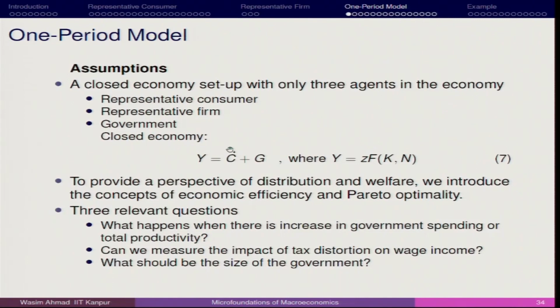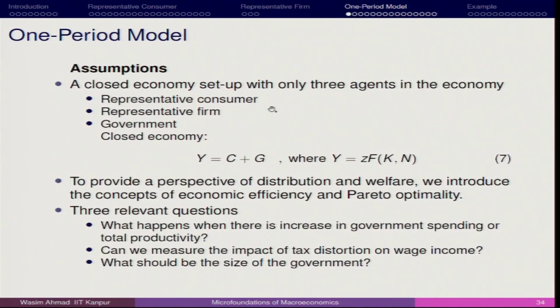Now, we will be working with the macro setup. So, the micro foundations of macroeconomics that I mentioned. Now, we will try to include these two agents in the macroeconomic setup and try to derive macroeconomic inferences.